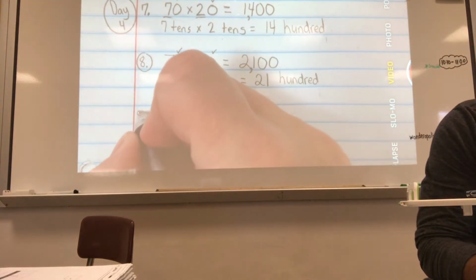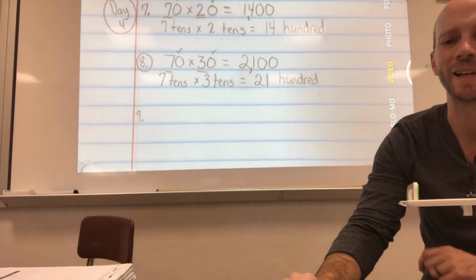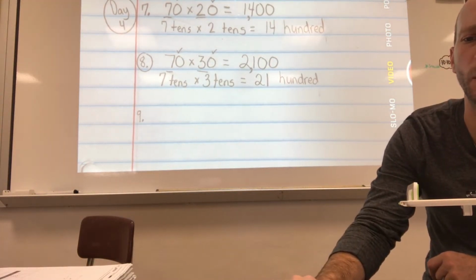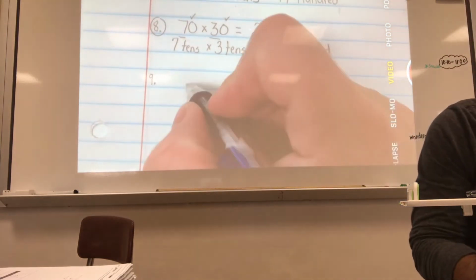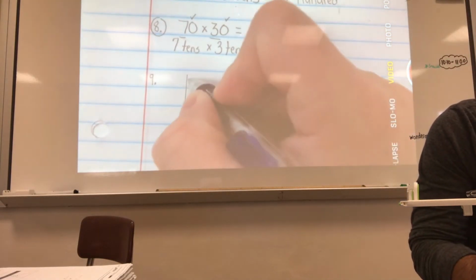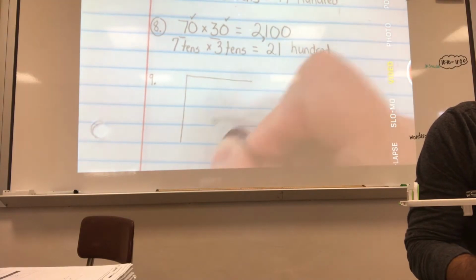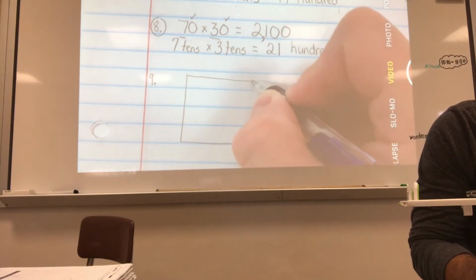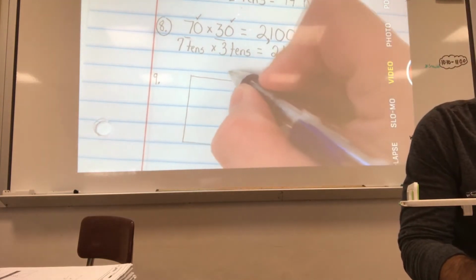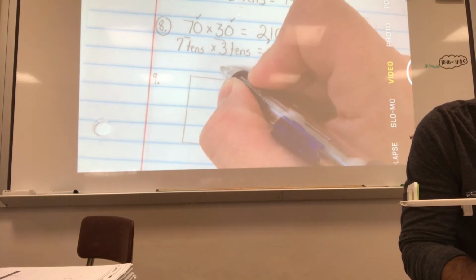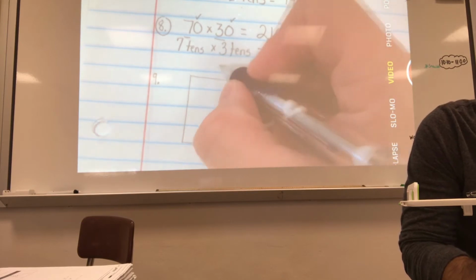Okay, so let's go to a word problem here. It says, if there are 40 seats per row, how many seats are there in 90 rows? So this is an area question. Let me go ahead and draw my rows. One side is 90, 40.